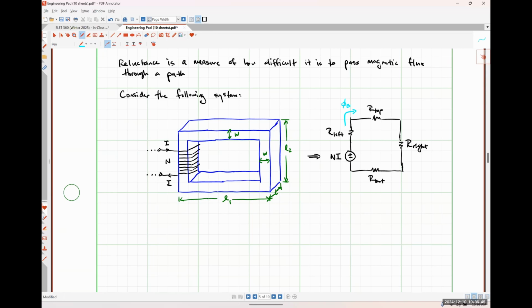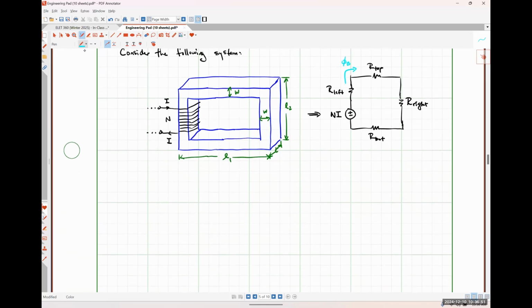So let's see if we can figure out what R_eq is going to be. So let's say that our equivalent reluctance is just going to be R left plus R top plus R right plus R bottom.